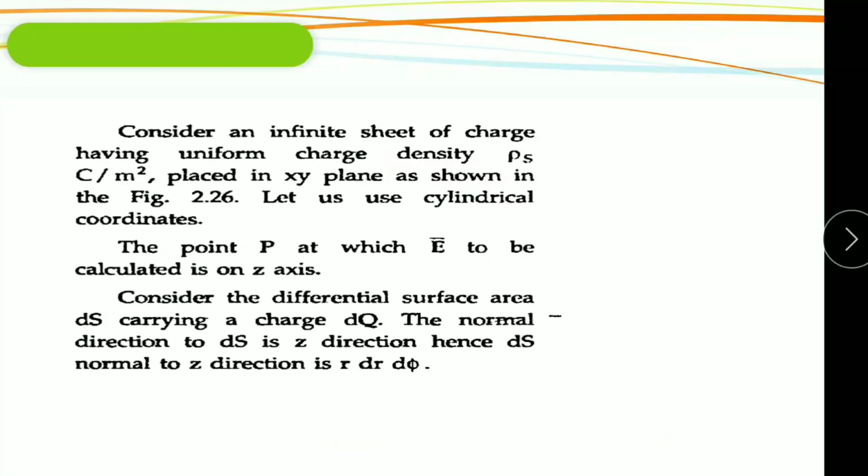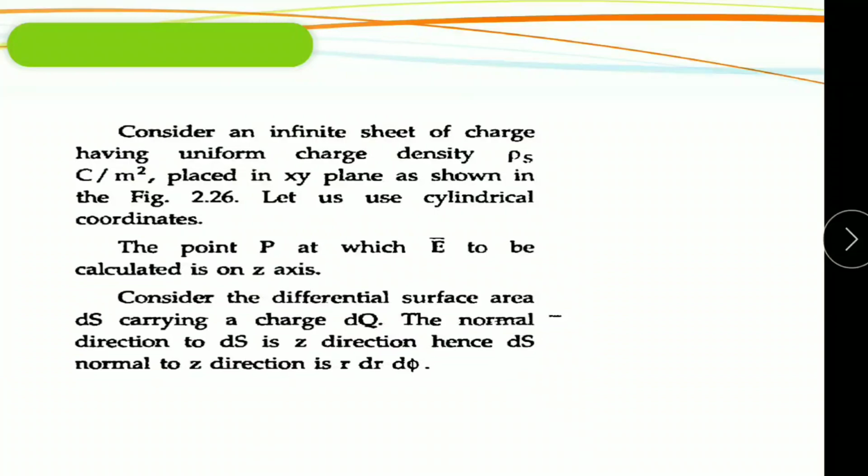Now we have to take a cylindrical coordinate system in this case also. For a cylindrical coordinate system, the surface area along the z direction is equal to r dr d phi. Why? Because surface area means it has two variables, length and breadth.